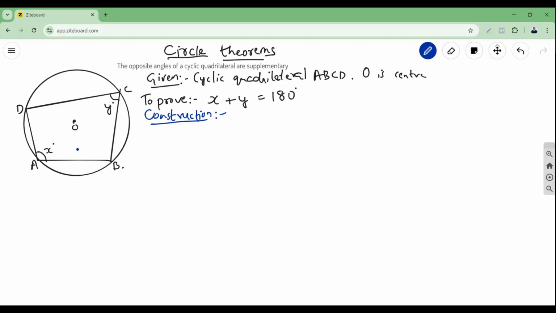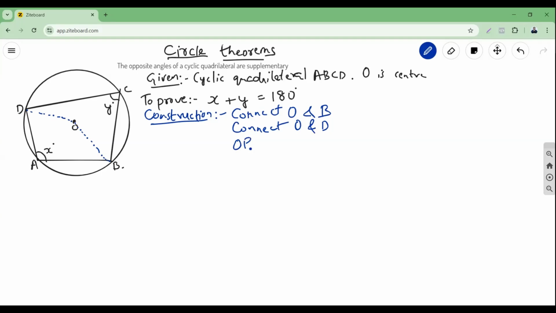For construction, just like other circle theorems, we are going to use the fact that we can draw two radii. So we can join the other two vertices so that OB and OD are radii. Correct? So connect O and B, and also connect O and D. What happens?